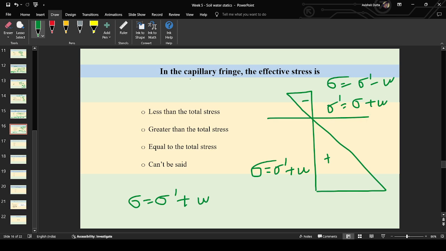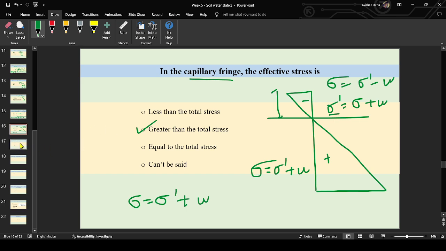In this capillary fringe, effective stress will obviously be more than the total stress. This is the correct answer: in the capillary fringe, effective stress is greater than the total stress. I hope it was clear.